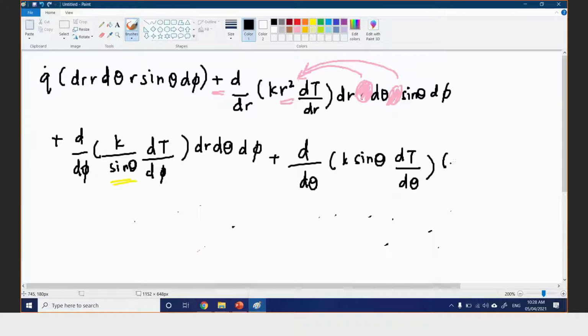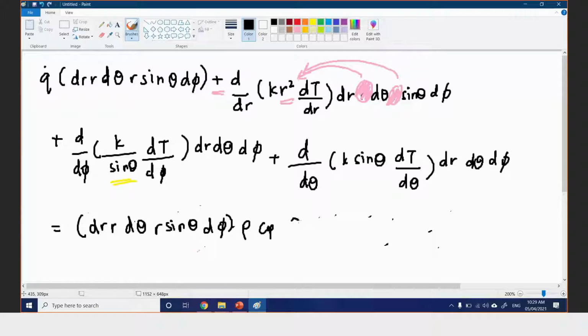Then we have the term for the area, which is dr d phi. So this d theta was already originally in the equation. Okay, so this equals the term with the temperature profile, which is the volume dr r d theta r sine theta d phi times rho Cp dT over dt.